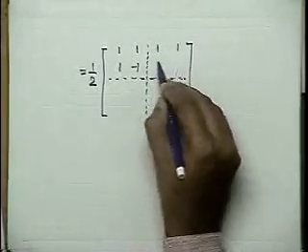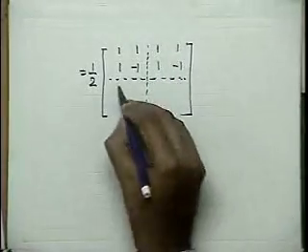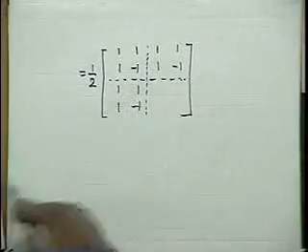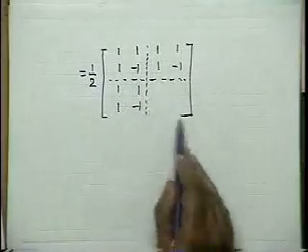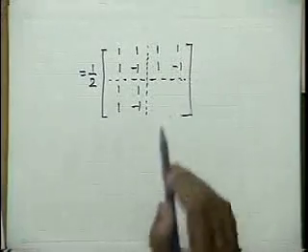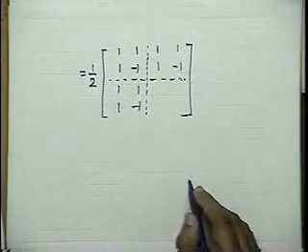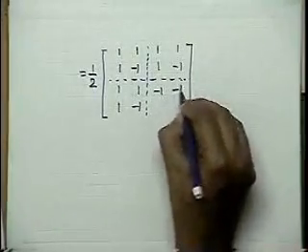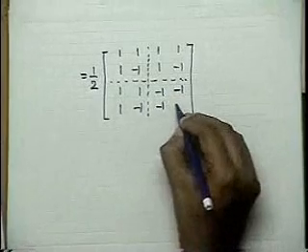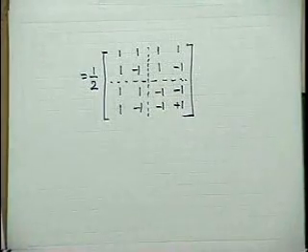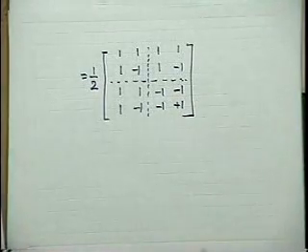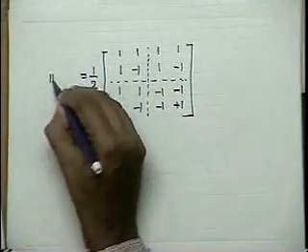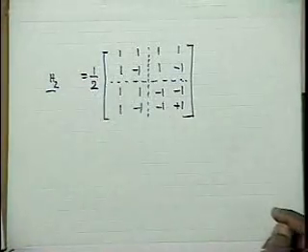Same, 1, 1, 1, minus 1. 1, 1, 1, minus 1, because even here it is H1. And in the last quadrant, the elements will be the elements of minus H1 matrix. So that means minus 1, minus 1, minus 1, and here plus 1. So what I get as a result is the H2 matrix, or Hadamard matrix of second order. This is the Hadamard matrix of second order.